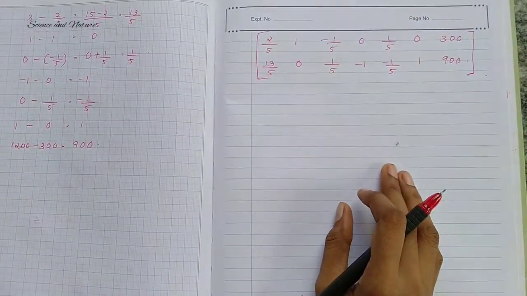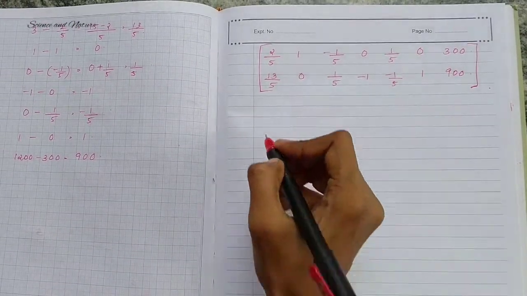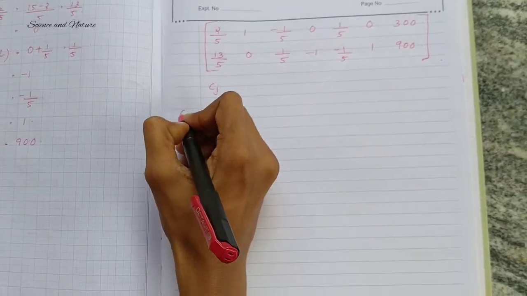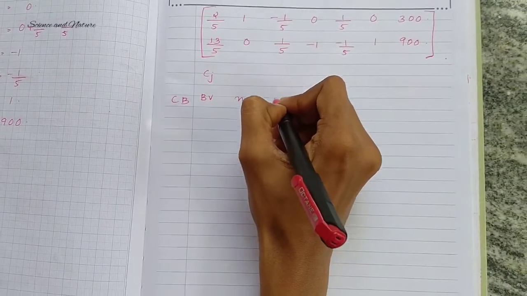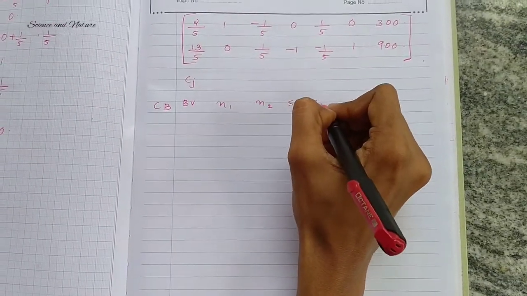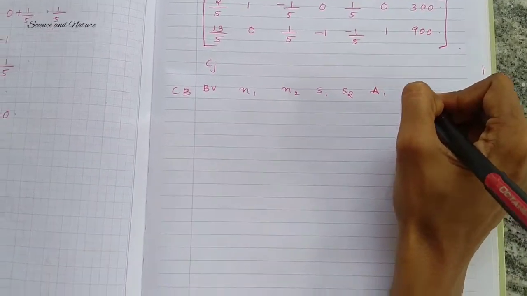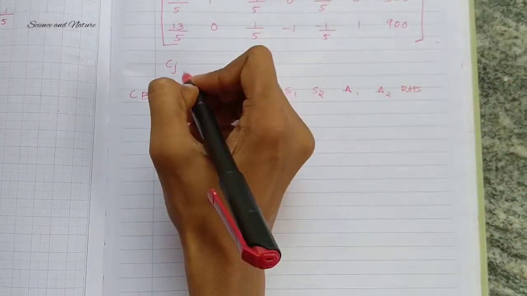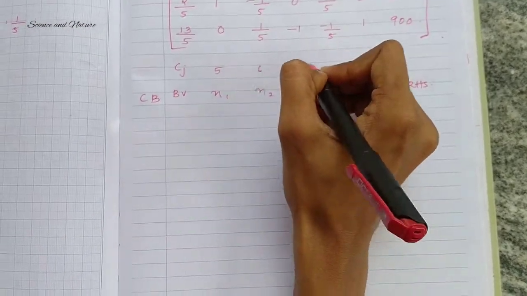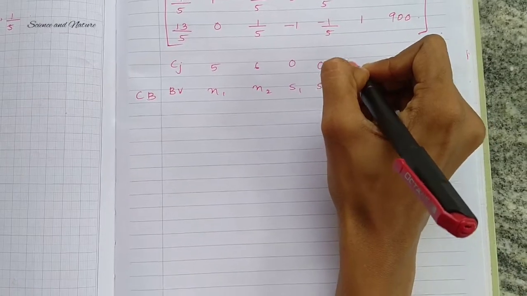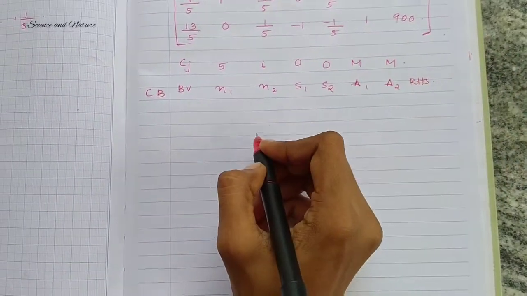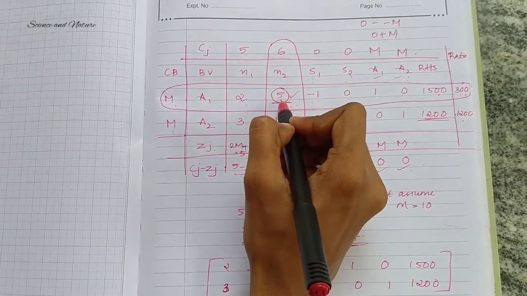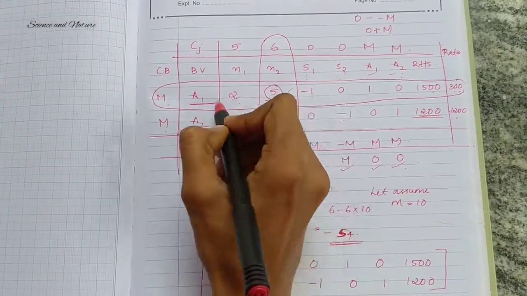Then we again need to draw the table with Cj, Bv, Cb, x1, x2, s1, s2, a1, a2, RHS. The objective function will not change. So 5, 6, 0, 0, M, M. Here there is a change that the 5 is in the A1 row.